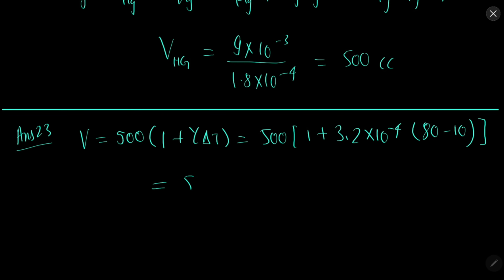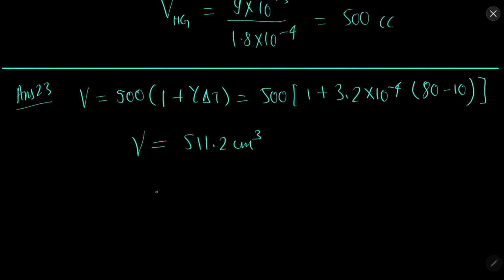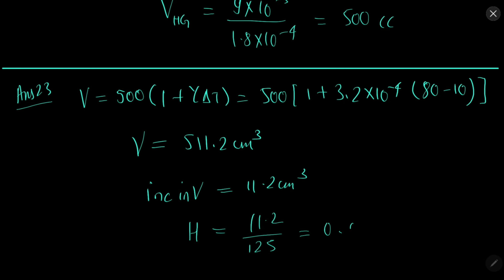So it will be 511.2 centimeter cube. This will be the volume. So the increase in volume is 11.2 centimeter cube, 511 minus 500. So the height will increase by 11.2 by 125, that is 0.089 centimeter.